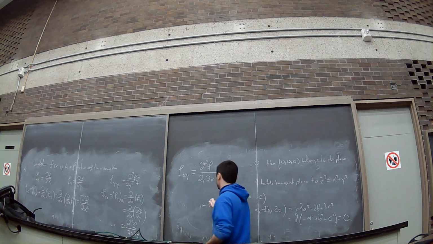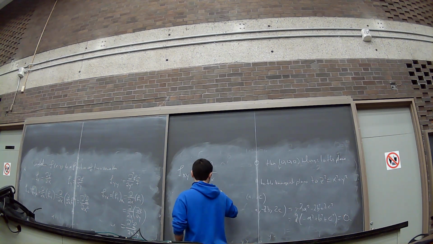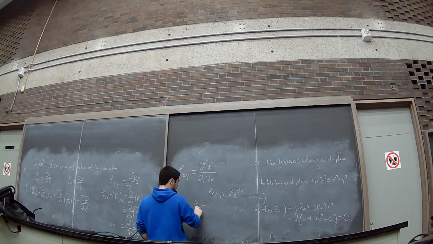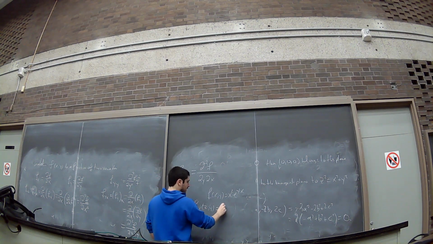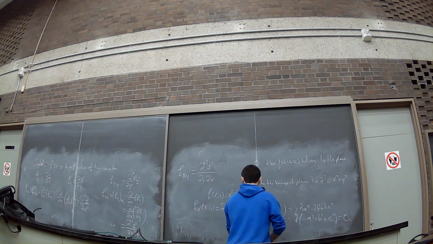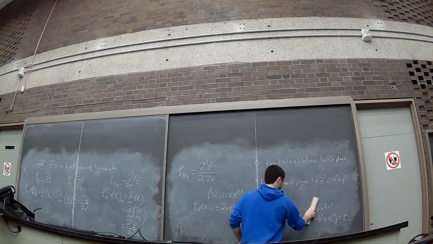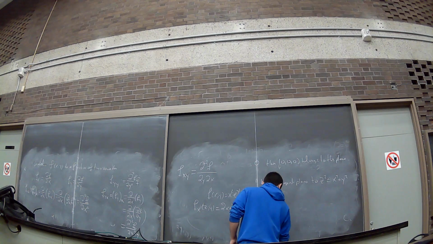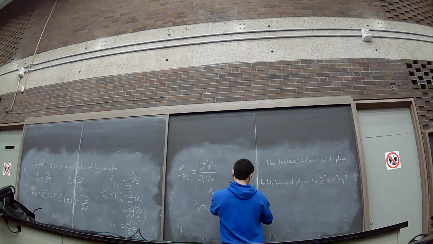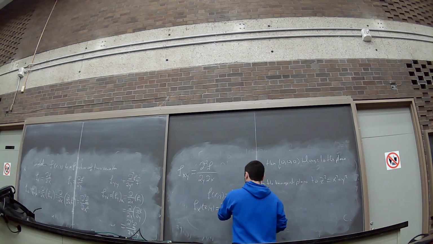Let's give an example. f(x,y) equals x squared e to the yx. What is f_xy? This is 2x times e to the yx plus, now you differentiate with respect to x, x squared times y, e to the xy.